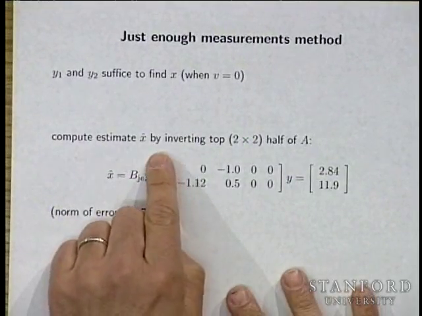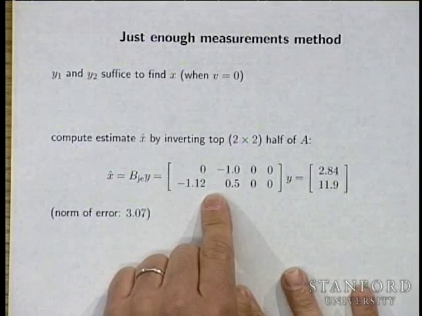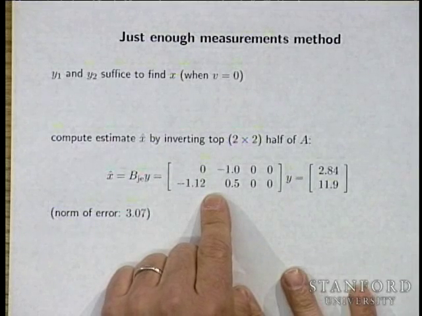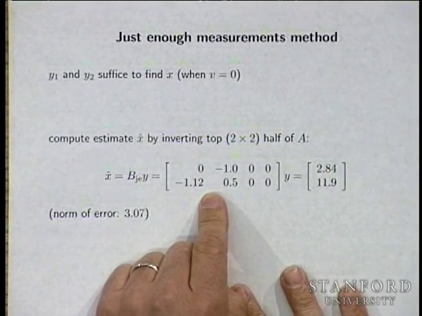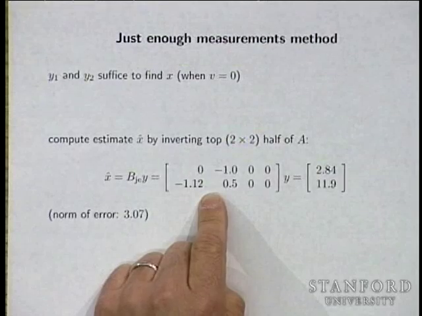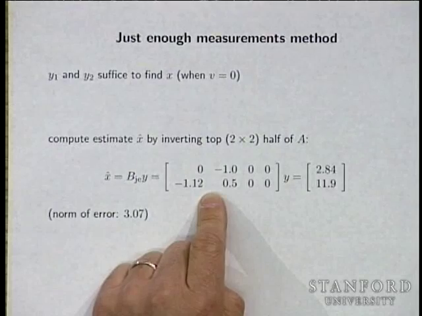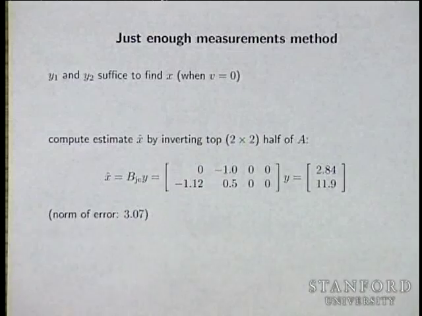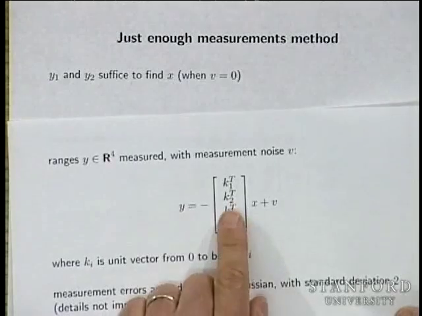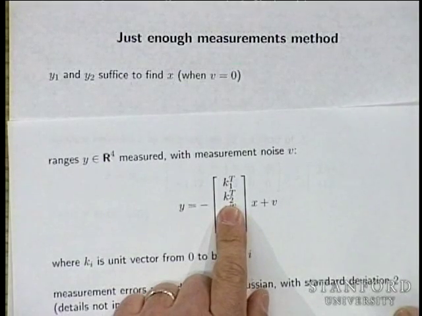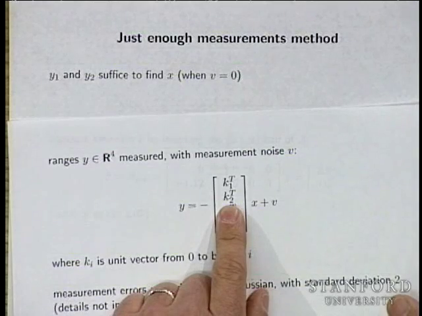So one method to do here is to simply ignore the third and fourth range estimates. So this is the just enough measurements method. You've got two things to find, you take two measurements. Without noise, that certainly is going to do the trick, assuming your two measurements are independent. What that corresponds to is taking the top half of this matrix and inverting it.